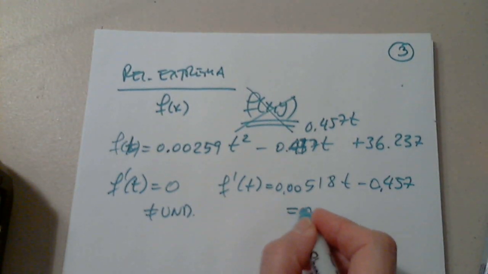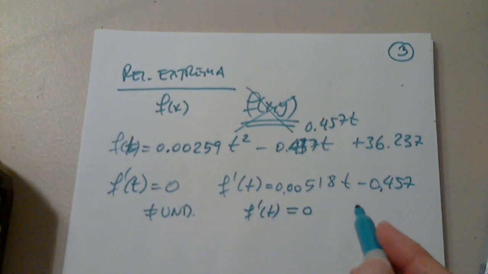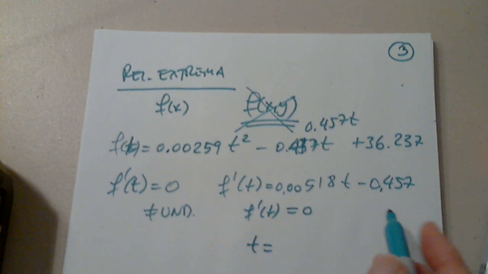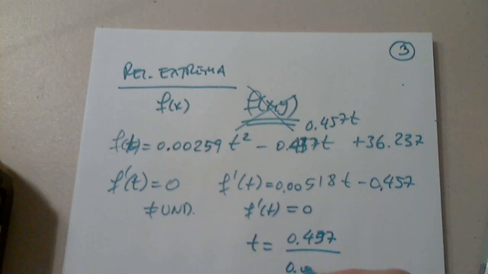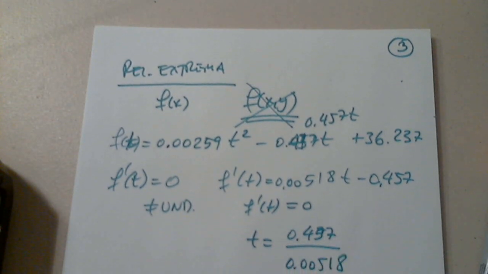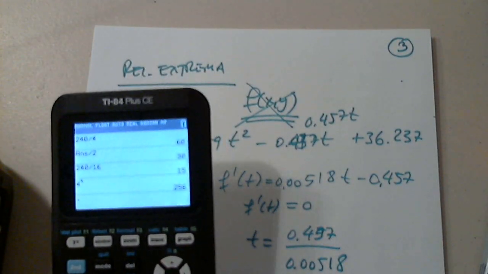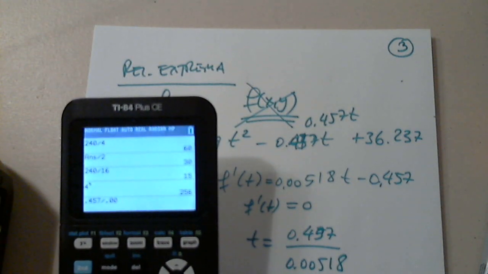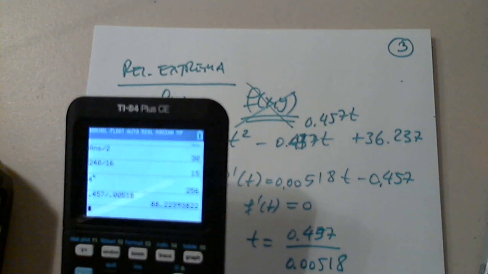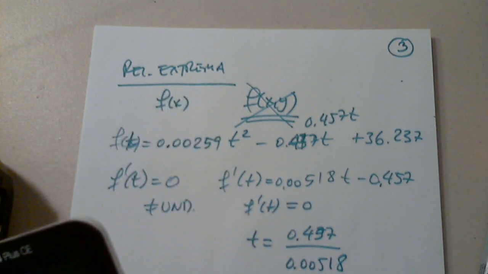And when I set this equal to 0, I have t equals 0.457 over 0.00518. I have no idea what that is, but I can do 457 divided by 0.00518. So I got 88.22.